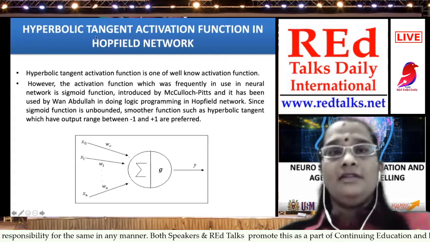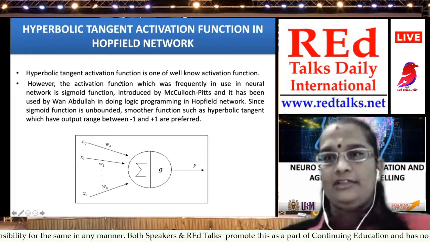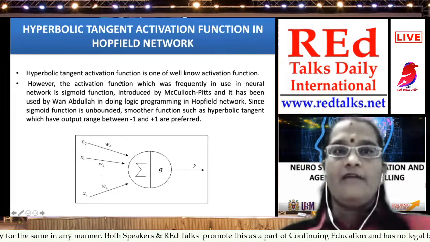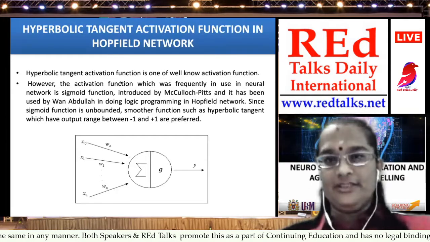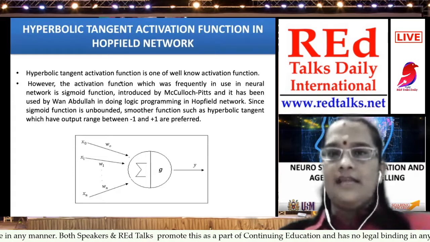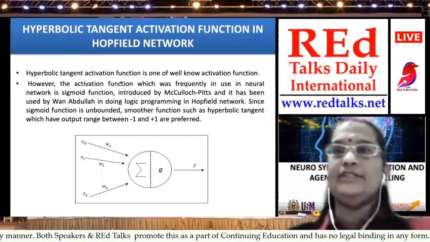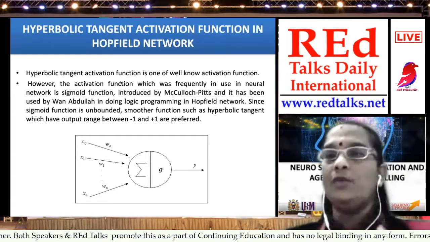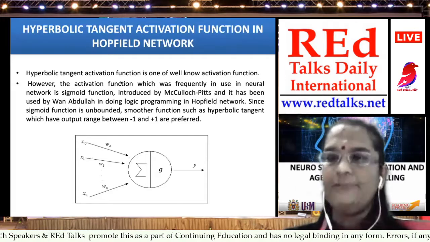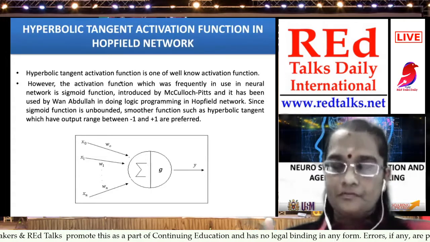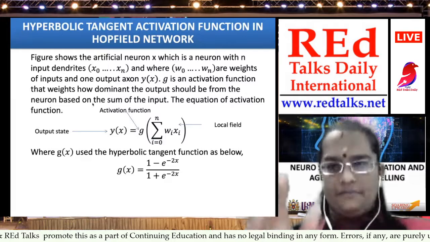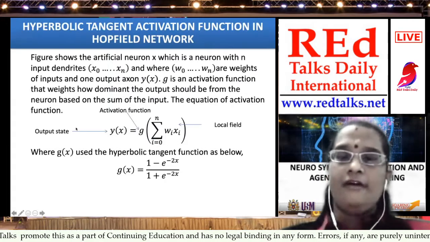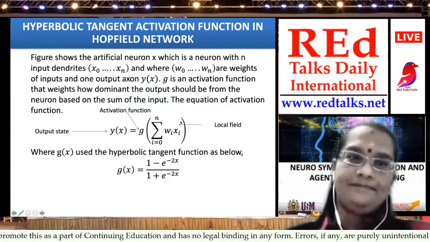Okay. Because of the limitations of the sigmoid activation function, we have come out with hyperbolic tangent activation functions. As I said, these hyperbolic tangent activation functions use integration of the Boltzmann machine criteria of temperature, and also another function known as here.